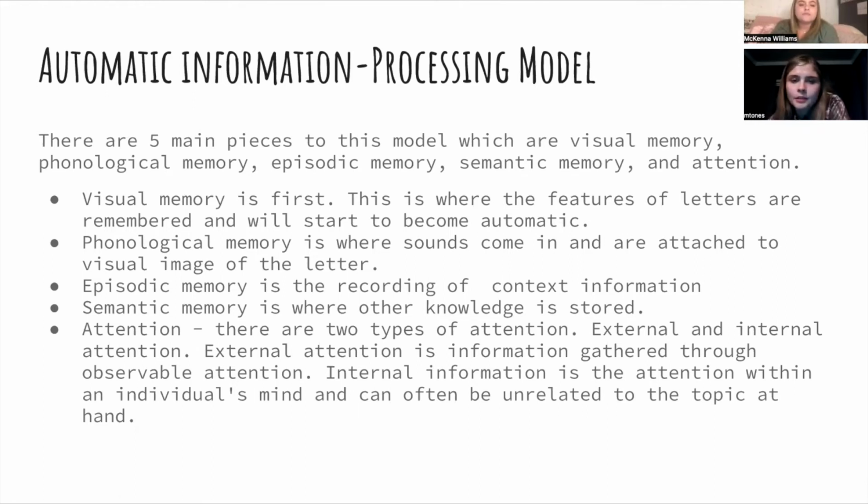Episodic memory is the recording of context information. Semantic memory is where other knowledge is stored. In attention, there are two types, external and internal attention. External attention is information gathered through observable attention, and internal attention is the attention within an individual's mind and can often be unrelated to the topic at hand.